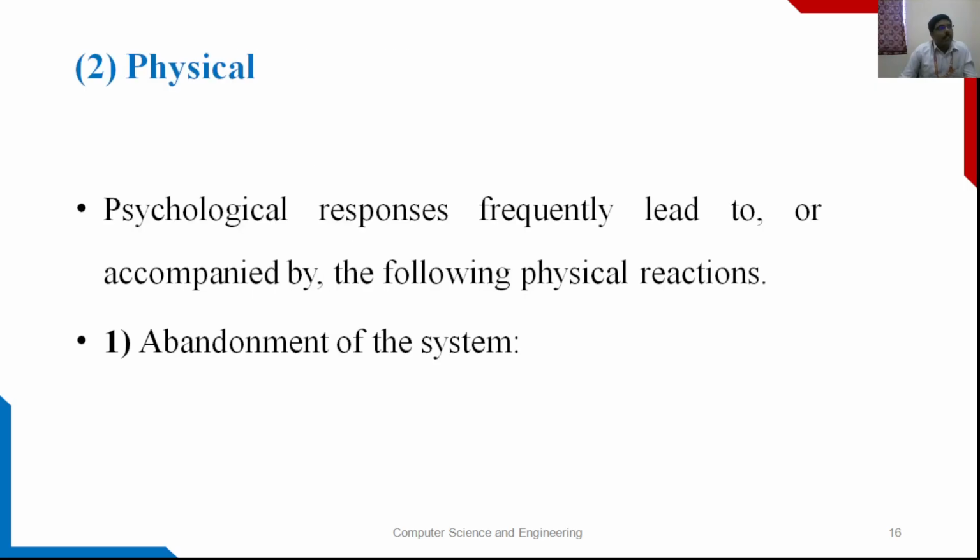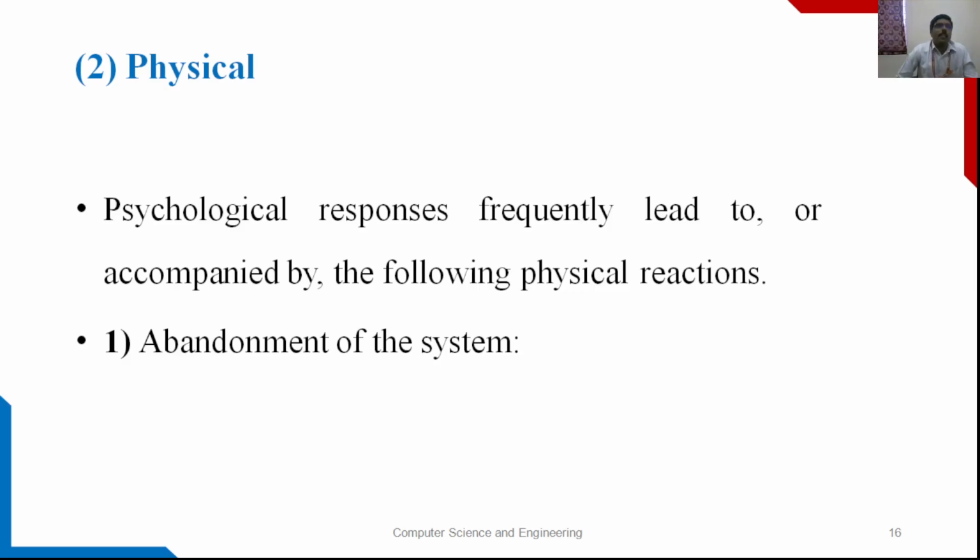The first one is abandonment of the system. Abandonment means the system is rejected and other information sources are relied upon. In business systems, this is a common reaction of managerial and professional personnel.